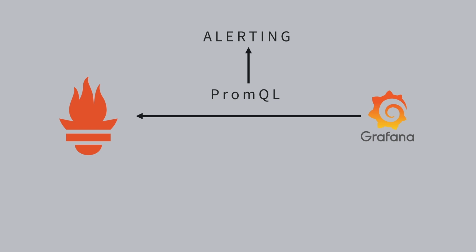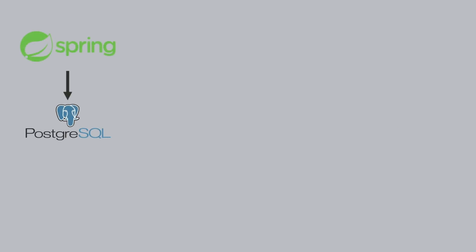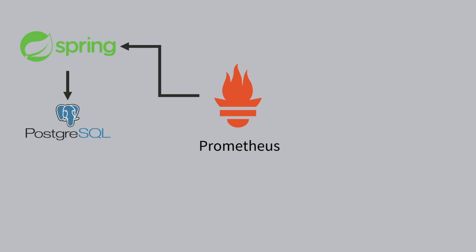Let's see all of this in action in our Spring Boot app example. We have a web app that talks to a Postgres database. We'll add a Prometheus server to collect metrics. We saw that we use Actuator and the Micrometer Prometheus extension to expose the /prometheus endpoint, which Prometheus can scrape. We'd also like to collect metrics for the Postgres database.